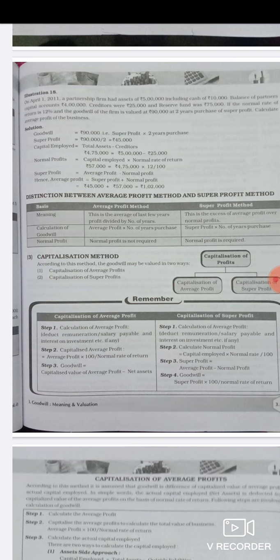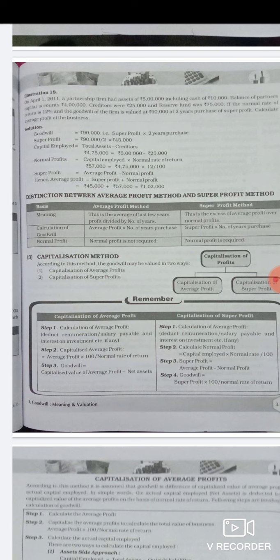First we find the average profit, and the second step is to find the capitalized average profit, that is average profit into 100 divided by normal rate of return. And the third step is the value of goodwill, that is capitalized value of average profit minus net asset. These are the steps to calculate goodwill under the capitalization of average profit method.